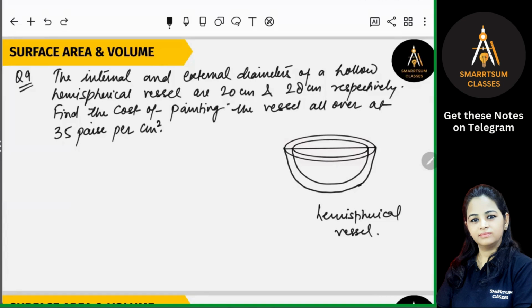So we can simply find the radius from it. Rather than finding this, we can simply mark the radius. This is the internal radius, and from here to here, this is the external radius.